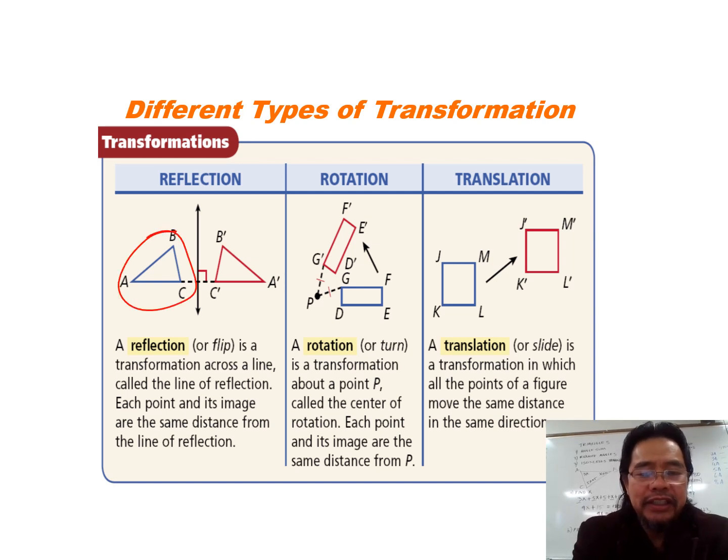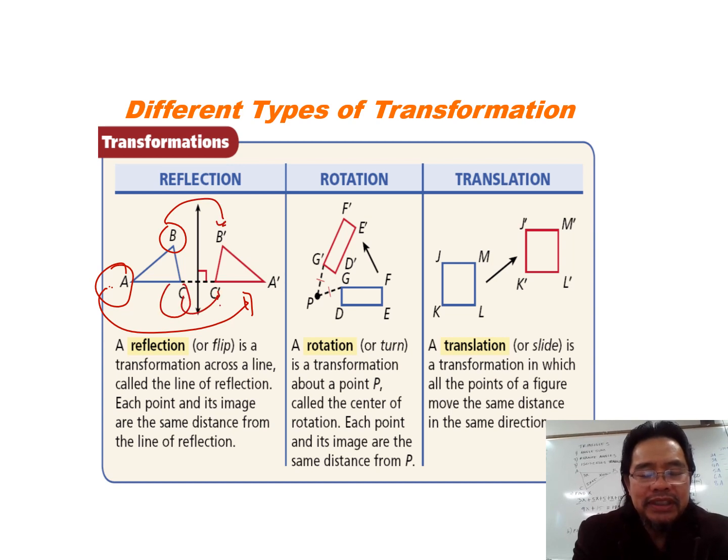So it's called a flip. When you say a flip, look here. Why is it a flip? Because, okay, let's identify. A was moved to A in there. B was moved to B in here. C was moved to C in here.